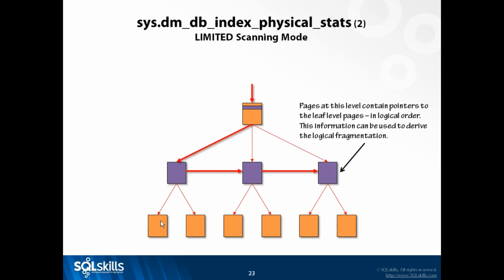So if you just care about the logical fragmentation and how many pages there are, you can get it from the limited mode, because the limited mode uses the fact that this level here has a list of all the page IDs in key order. So it can calculate the logical fragmentation and the number of pages at the leaf level. If those are the 2 metrics that you care about, you can just use the limited mode.